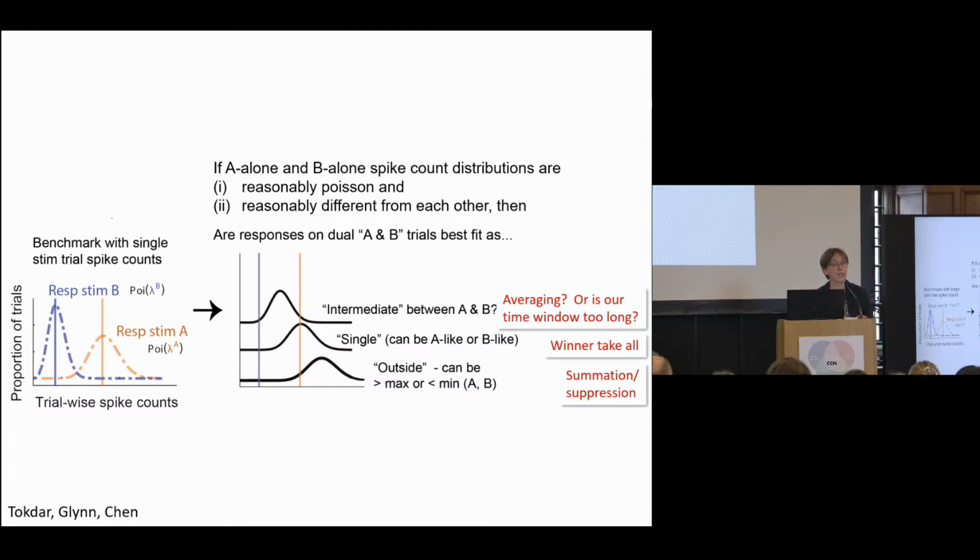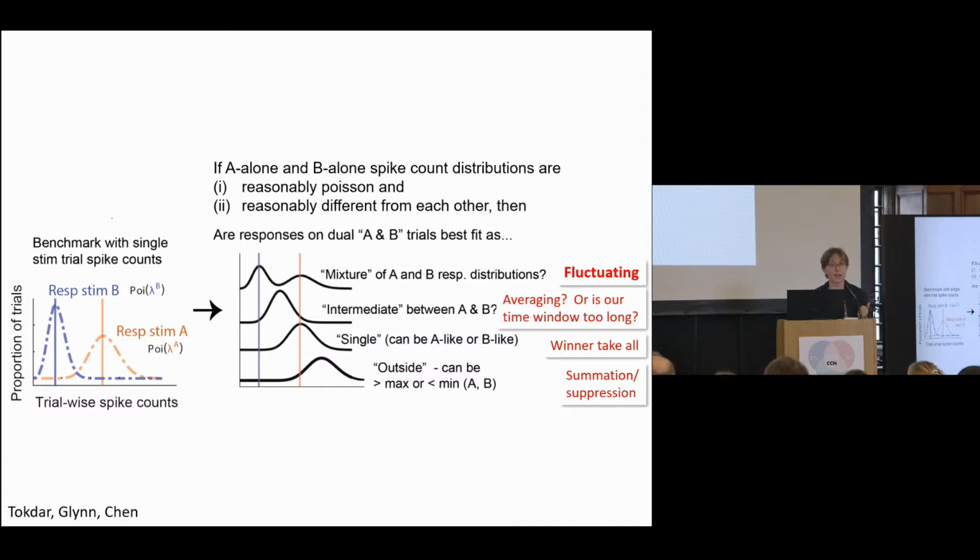Or maybe there's winner-take-all for the best of the two stimuli. We'll call that a single. Or maybe there's averaging, in which case you'd get a single intermediate Poisson between the A and B response rates. That could also occur if there is fluctuating activity, but the fluctuations are occurring faster than the trial timescale.